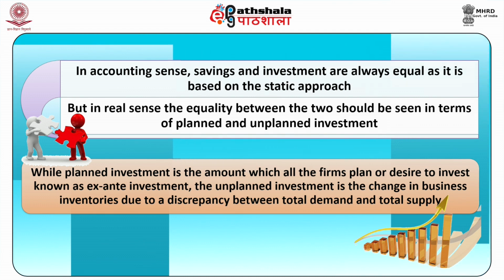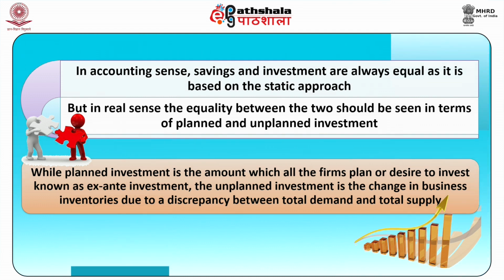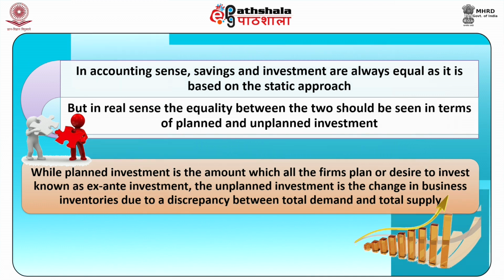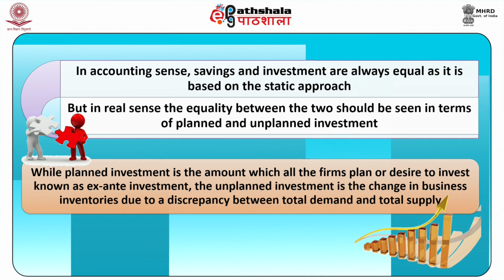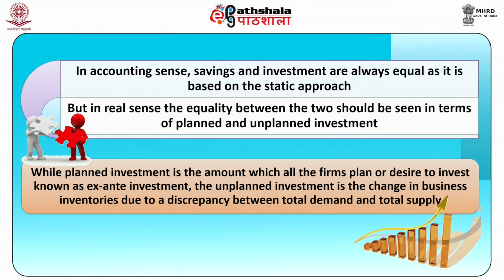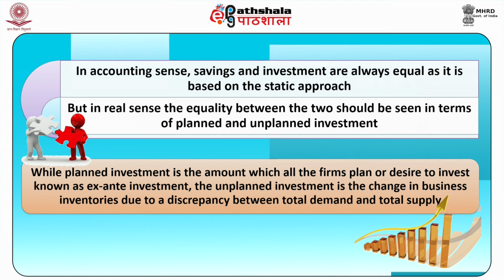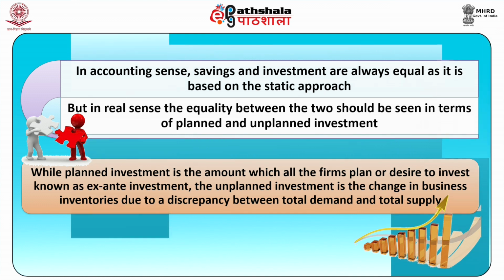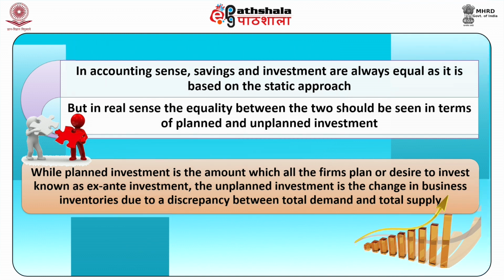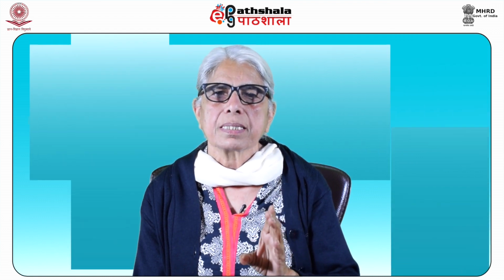Planned investment is the amount which all the firms plan or desire to invest, known as ex ante investment. Unplanned investment is the change in business inventories due to a discrepancy between total demand and total supply. If supply exceeds demand, business inventories will increase.